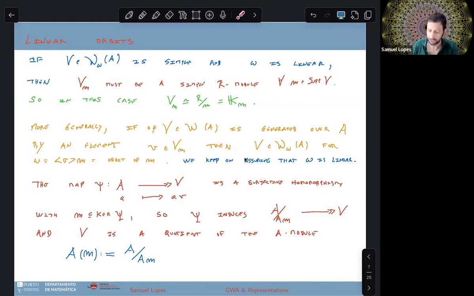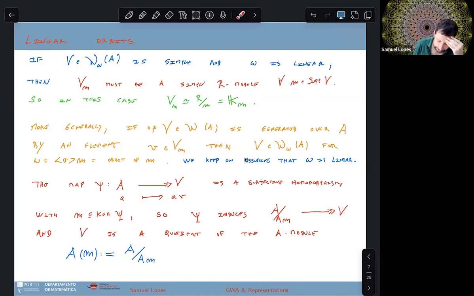If it's generated by v, then I can get every element in the module just by acting by R and X and Y. And by doing this, I will never leave the orbit of M, as we've already argued. So this module is necessarily in this Omega orbit, which I'm assuming to be linear.